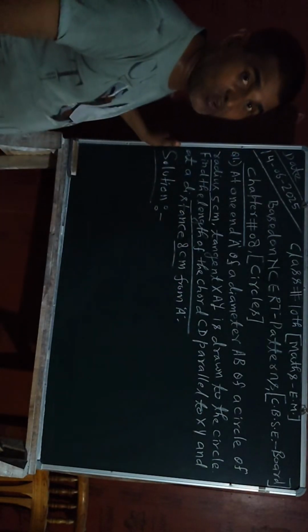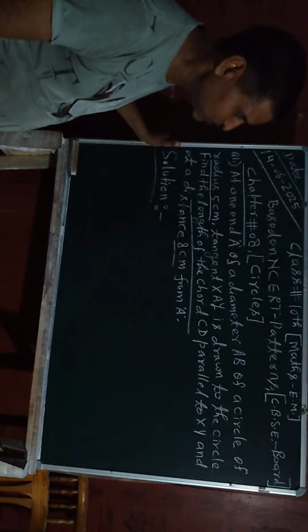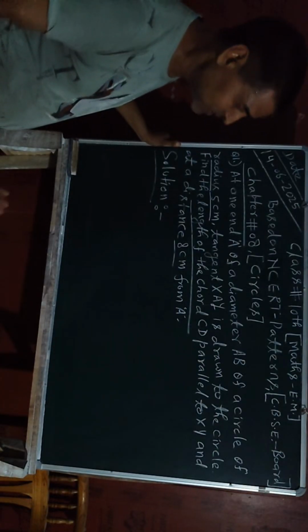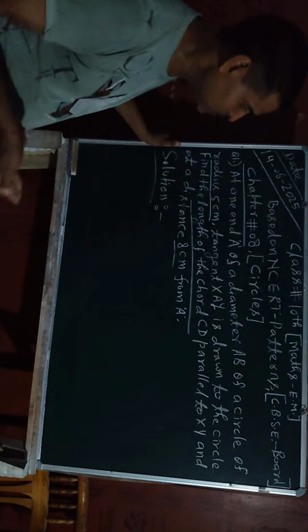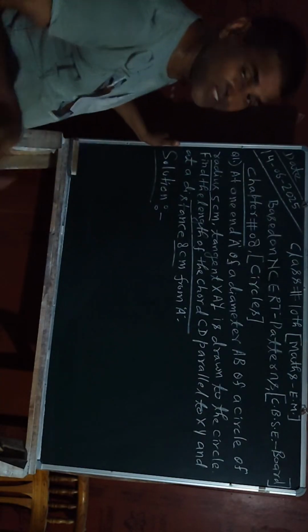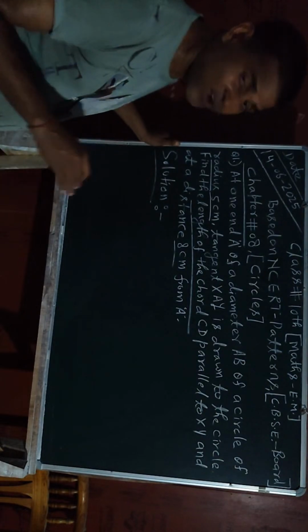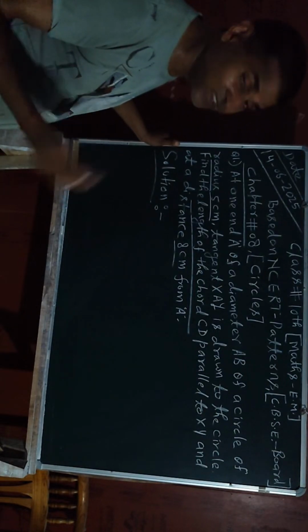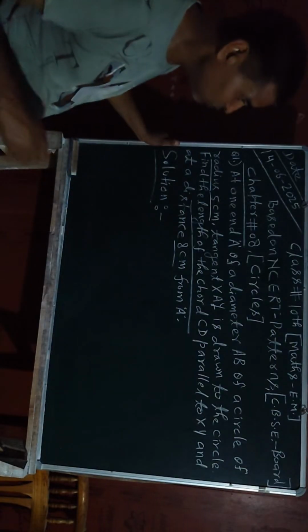So this is the required way of solving any question. That question can be of mathematics, physics, chemistry or any subject. This is the required way of solving any question which exists in the world.